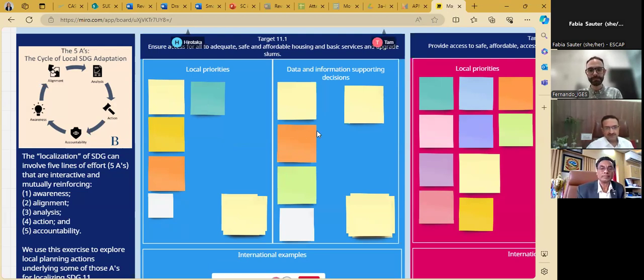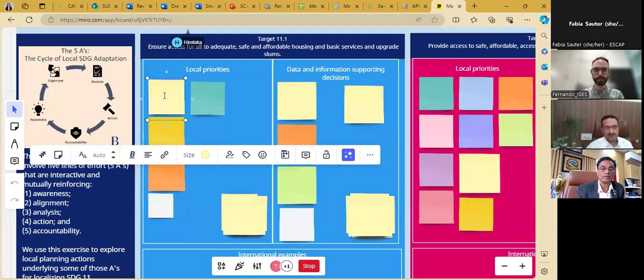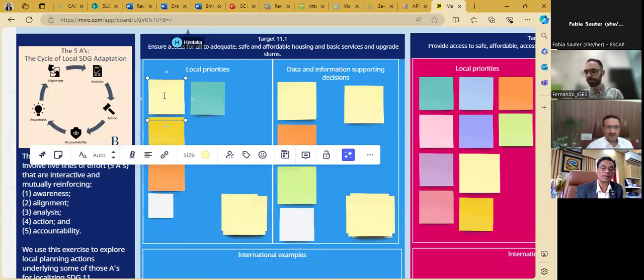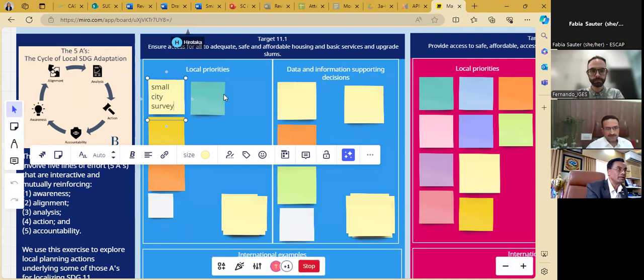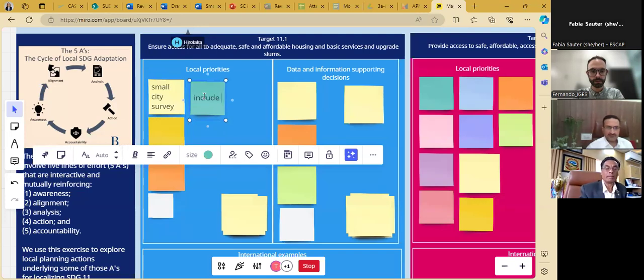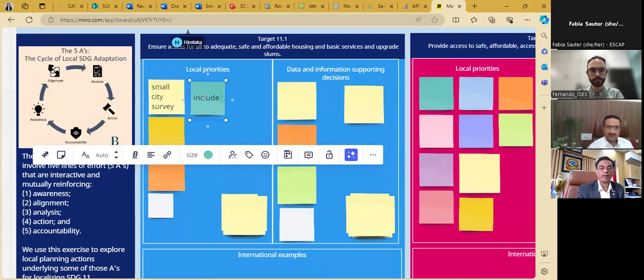So for local priorities, especially when we think about providing housing facility to those who currently don't have it and are living in the slums or somewhere else, first of all, we need to have a small survey of the city. In the survey, we will try to find out whether the people have knowledge of this affordable housing, whether they want to transform their lives by taking the facility, or they are happy with the current situations in which they are living.